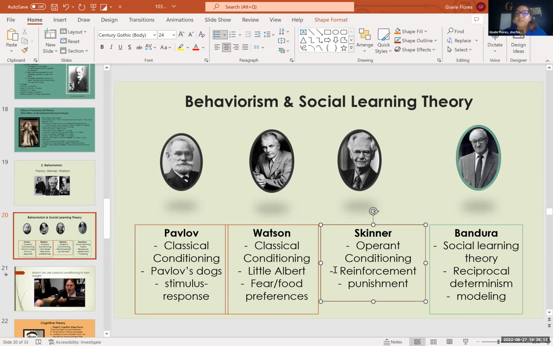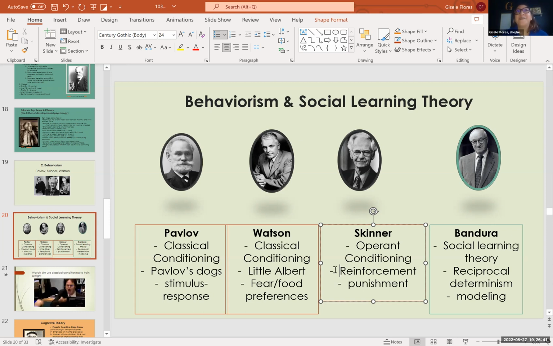We're probably most familiar with operant conditioning because let's think of reinforcement. We have a lot of reinforcers in our world. Grades are a reinforcer. When you get an A, you feel good. It's an extrinsic reinforcer, and so you're more likely to do the same kind of work so you can get an A again.